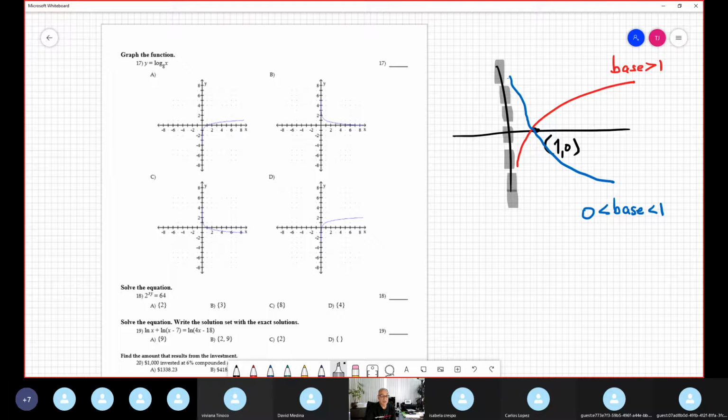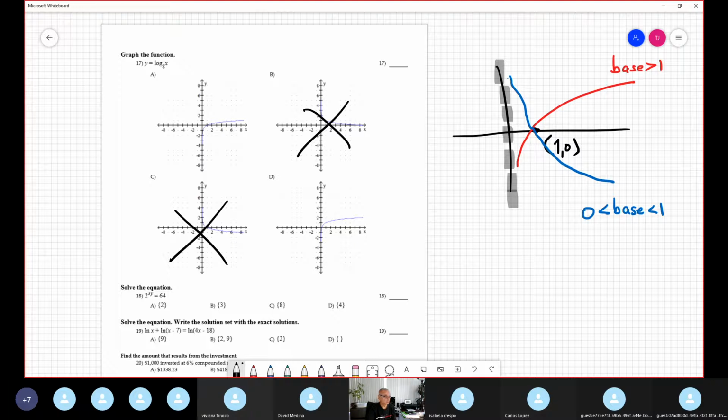Okay, so the base is 8. It's obvious that my graph looks similar to the red one, no? Makes sense, right? Well, automatically I discard this possibility and this possibility.